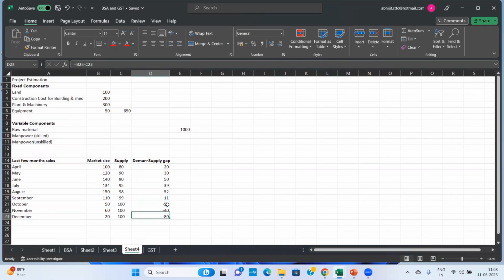That means if I produce, it will be unutilized in my godown. It won't be sold because demand is lesser than the number of units supplied. Why do units supplied suddenly increase? Because looking at the demand, some people have increased their production level and are ready to supply.